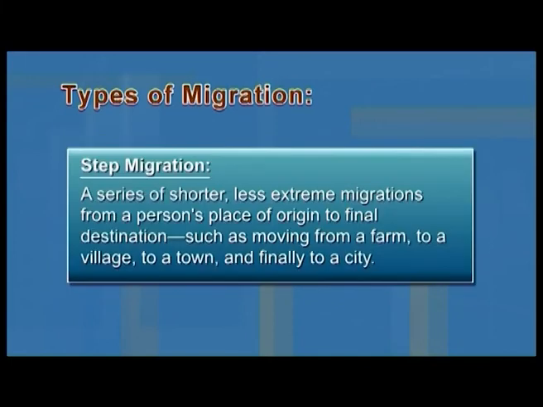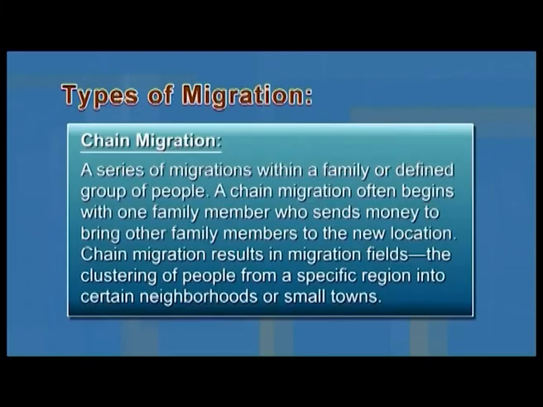Step migration, a series of shorter, less extreme migrations from a person's place of origin to final destination, such as moving from a farm to a village to a town and finally to a city. Chain migration, a series of migrations within a family or defined group of people.